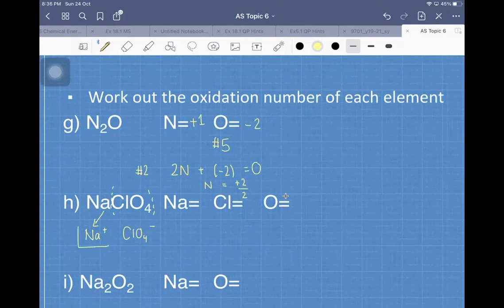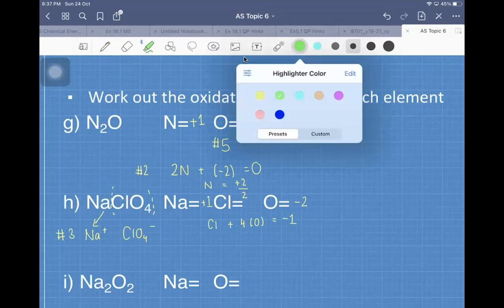Sodium, based on rule number 3, sodium will follow its charge. Therefore, it's +1. And then we have to work out chlorine and oxygen. So we know that oxygen is more electronegative than chlorine. So we can, if you want, write down oxygen as -2 first, and then you work out when chlorine plus 4 lots of oxygen, the sum should be -1, not 0, because of the charge.